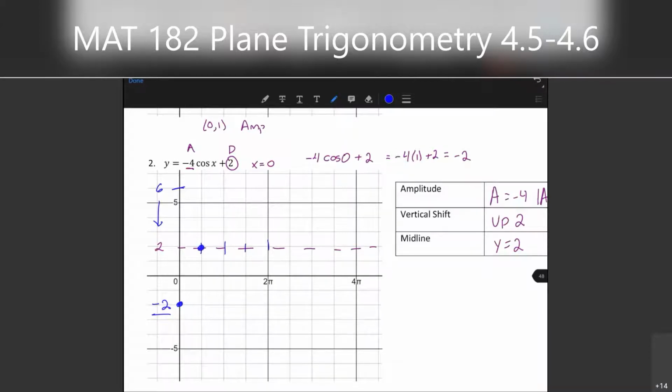We'll have our cosine shape back at the midline, maximum, midline, and down at the -2 at 2 pi. So that will be our full cycle of cosine on that 0 to 2 pi.